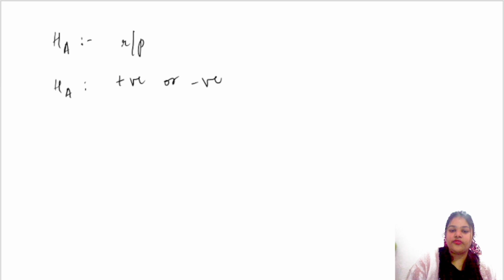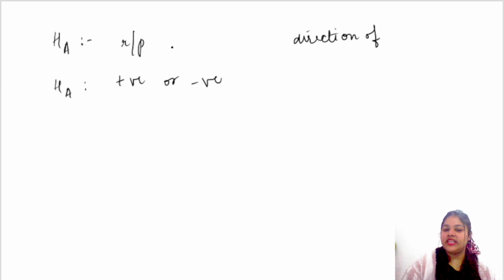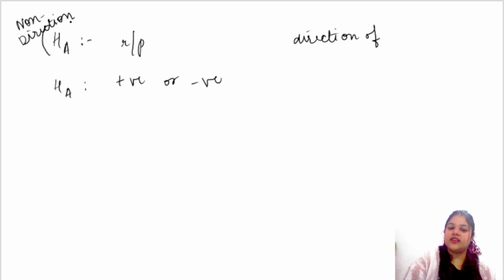This type of hypothesis wherein I am not telling about the direction of the result or of the effect is known as non-directional. That I have not told that the direction of significance would be positive or negative.